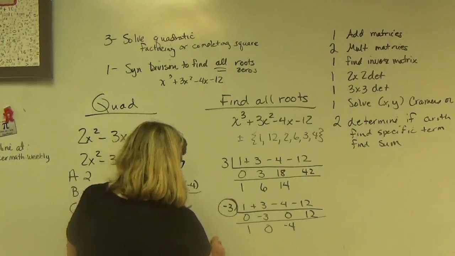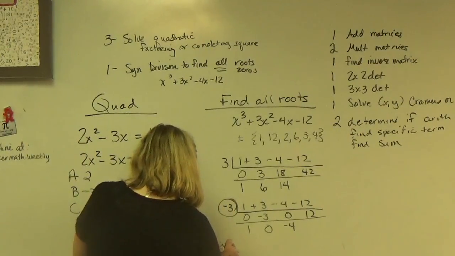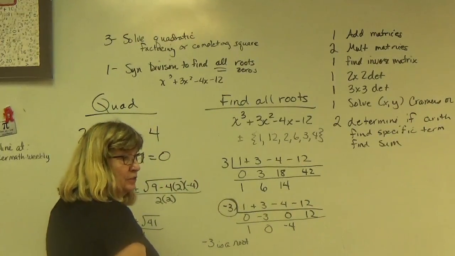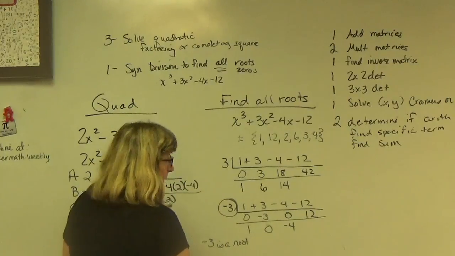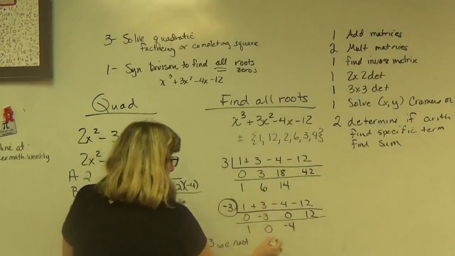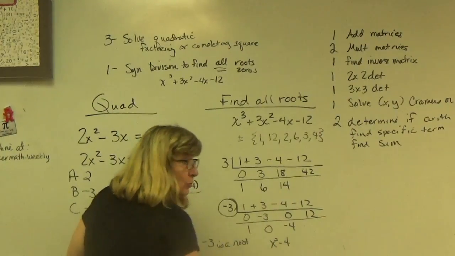Negative 3 is one of the roots, so negative 3 is a root. Now, what's my answer for that synthetic division? It's 1 less power than what you started with: x squared minus 4.